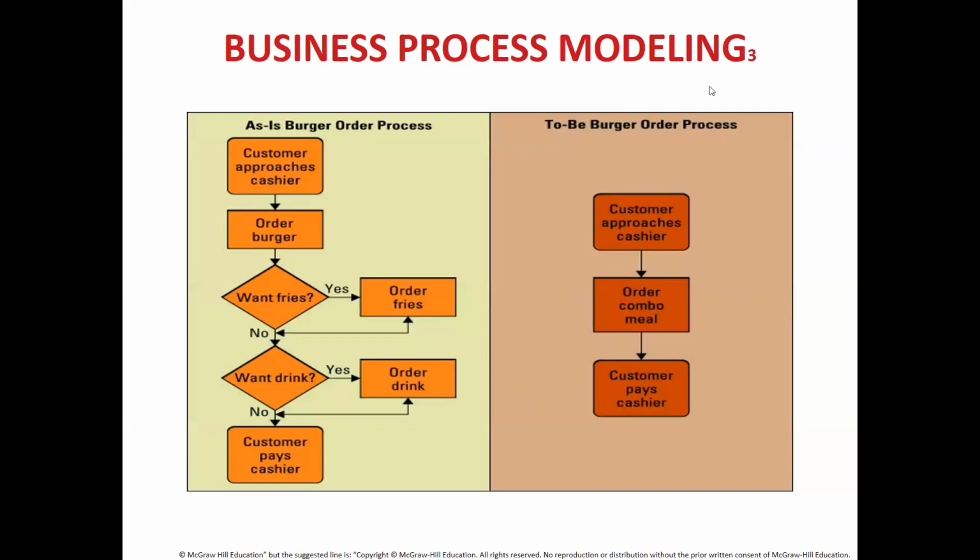Can you think of any other example whereby you have an as-is order process, and what would be your to-be order process? Think. Shalini, do you have something in your mind?